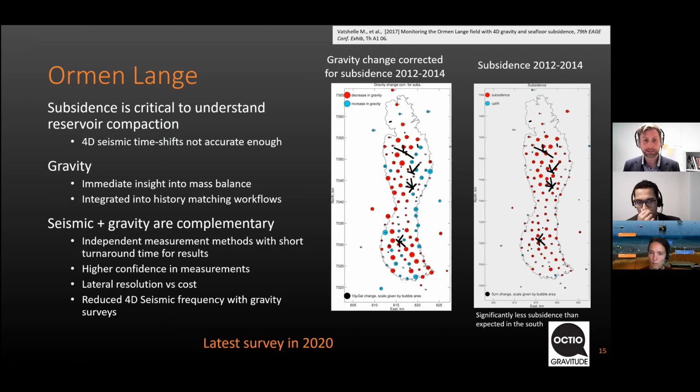That allows a lot of cost savings, at the same time as 4D gravity and subsidence provide quite a bit of value in understanding the status of the reservoir. We have also been given some feedback that a new data set will be acquired in 2020. That's something we are really excited to say more about at the right time.